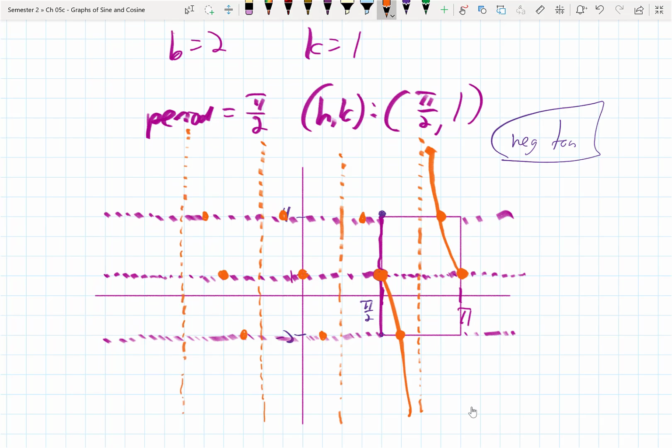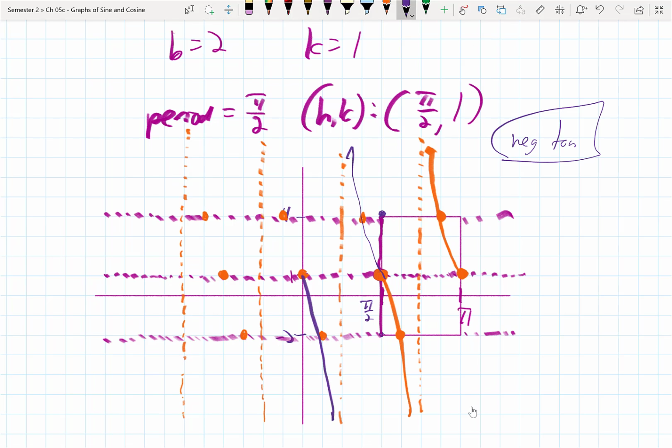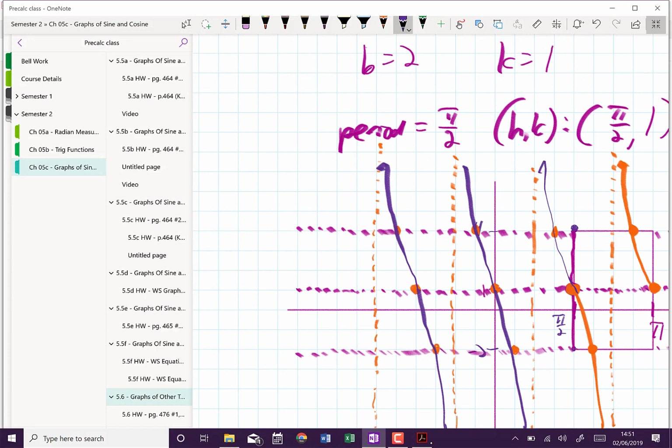So I could keep this going as long as I want, but then when I sketch them, I'm going to get a sketch that looks like this, and then a sketch that looks like this, and then one like this, and that is a fully stretched out vertically graph of tangent. Okay, I'm going to pause.